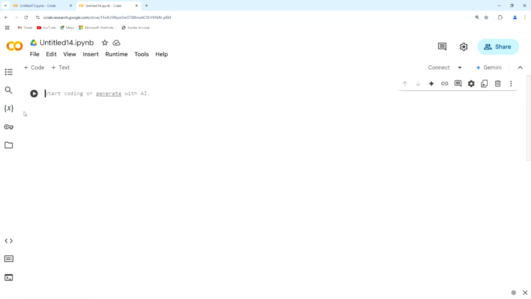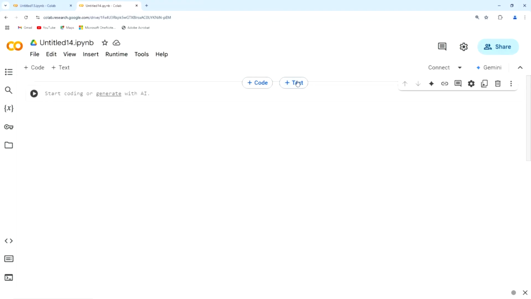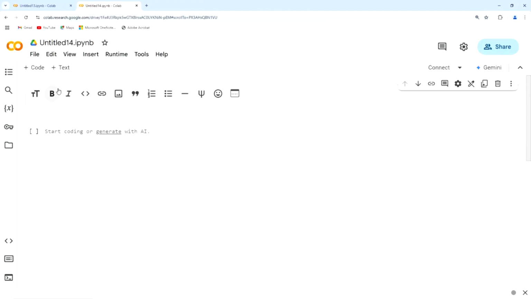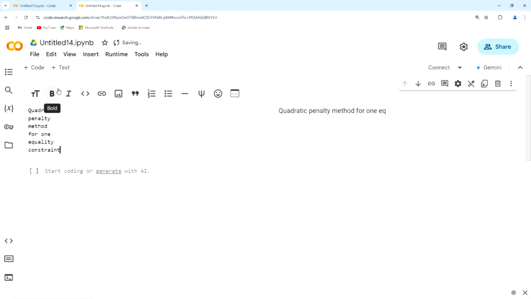And we are going to start with a quadratic penalty method for a problem with one equality constraint. Okay. So, this is the quadratic penalty method for one equality constraint.